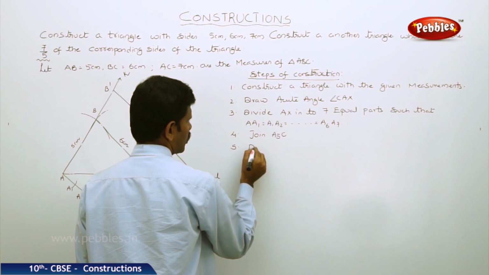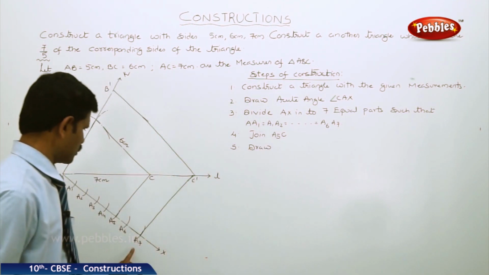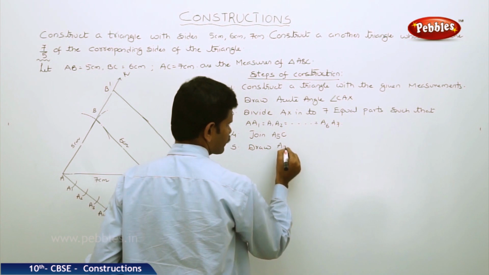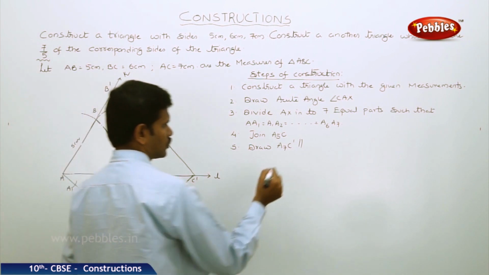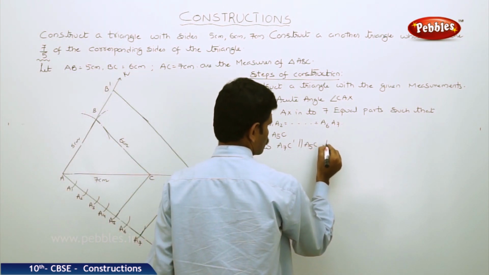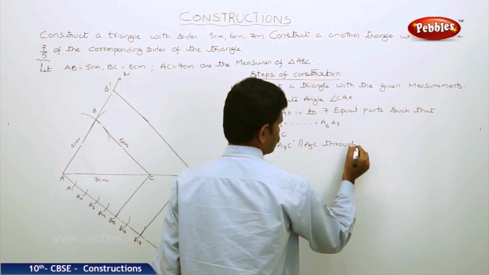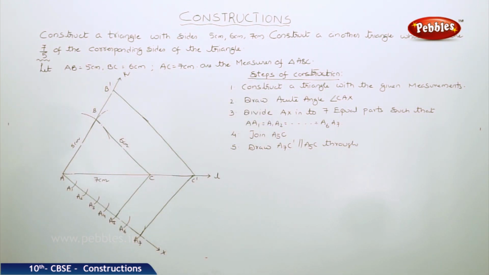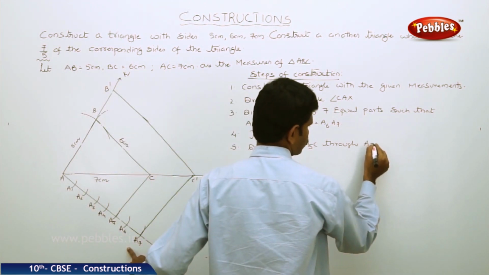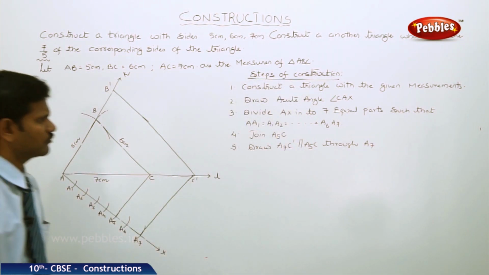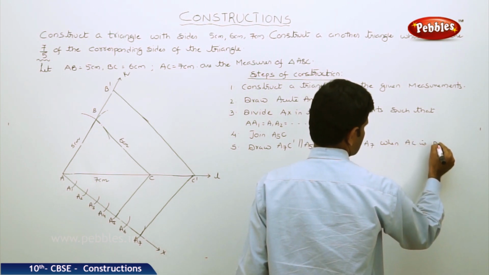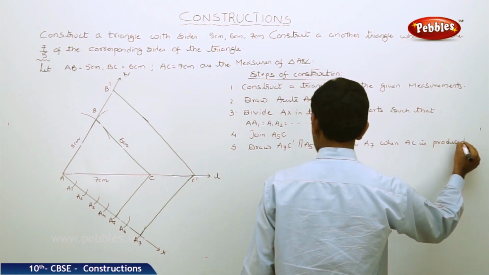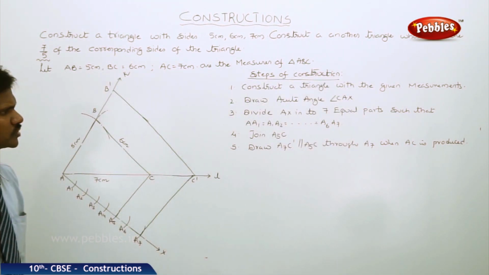Next, draw A7C dash parallel to A5C through A7 when AC is produced.